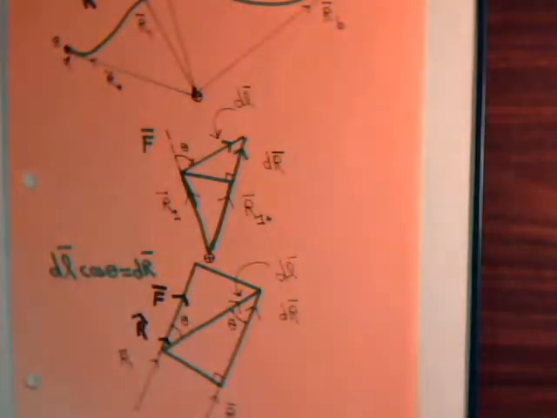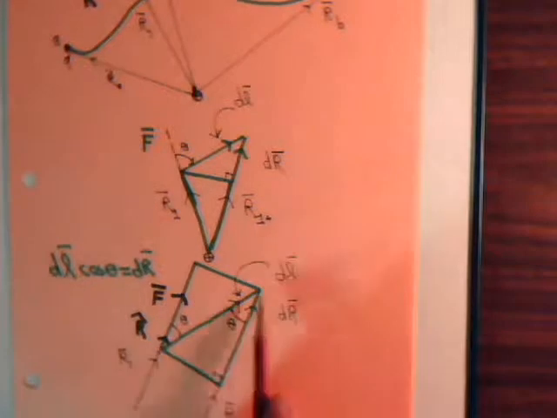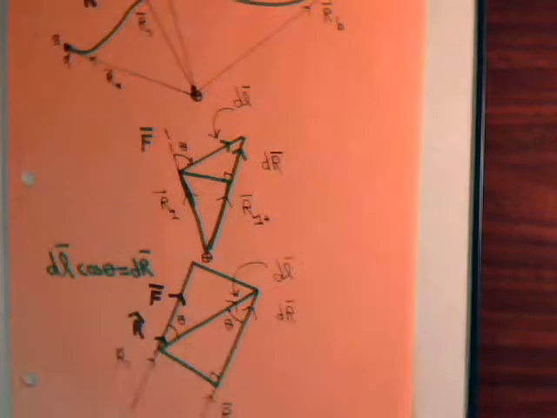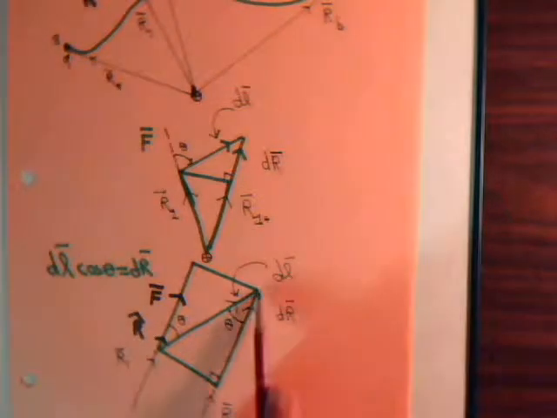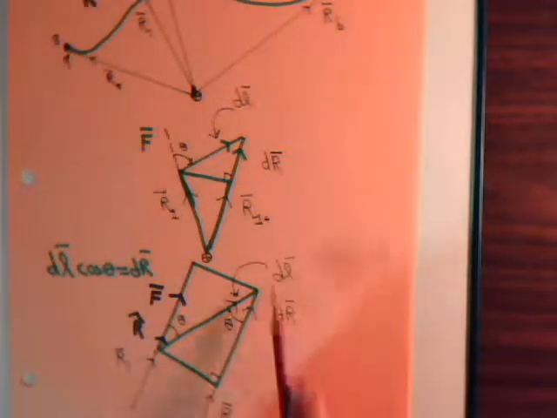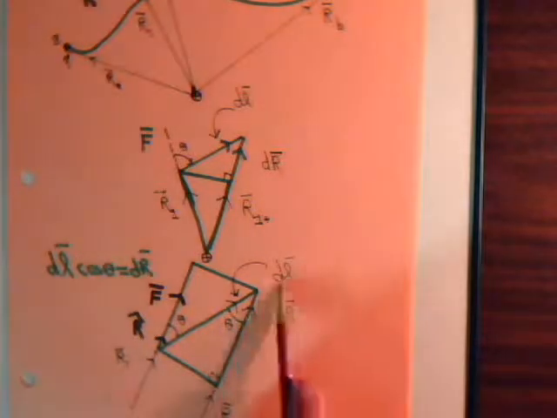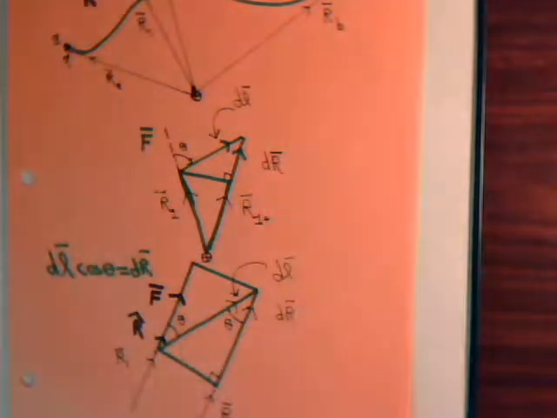So when we take the dot product, we're taking the dot product of this with dl. And what is that? It's the magnitude of this, which is just 1, it's a unit vector, times the magnitude of that dl vector arc, that's just dl times the cosine of theta.